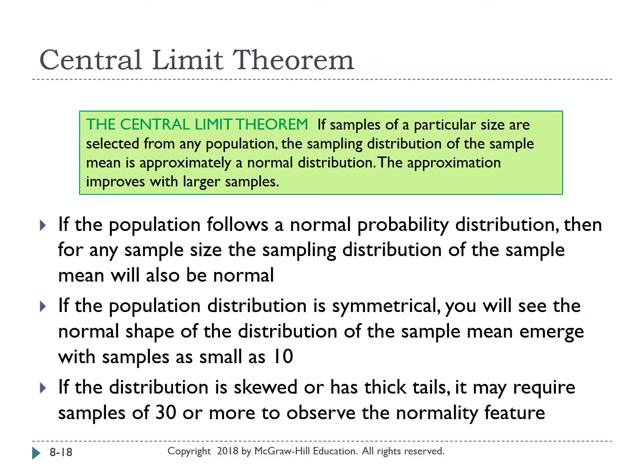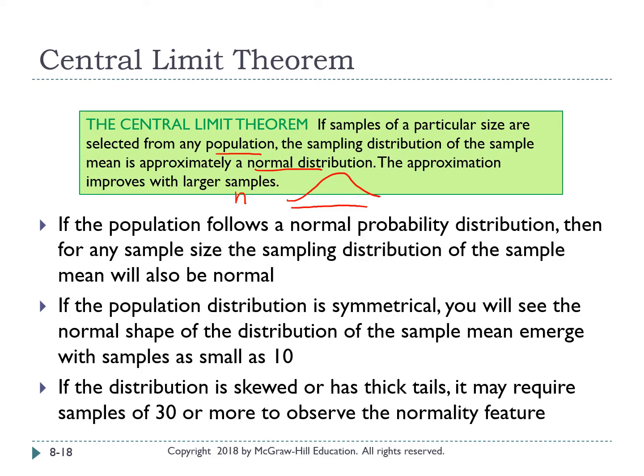The central limit theorem says that if samples of a particular size are selected from any population, the sampling distribution of your sample mean is approximately a normal distribution. A normal distribution is your nice bell curve shape, and the estimation will improve with a larger sample, or larger n. These are the assumptions of the central limit theorem.